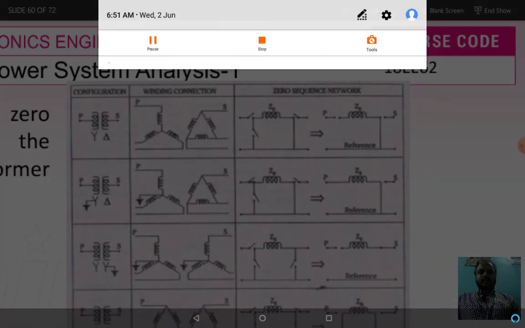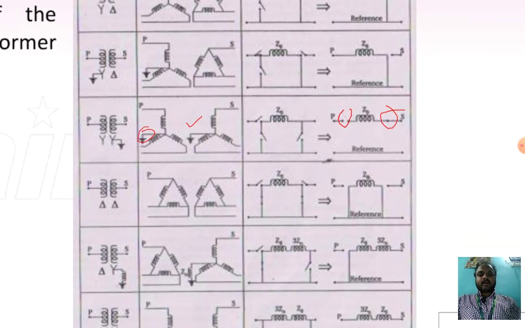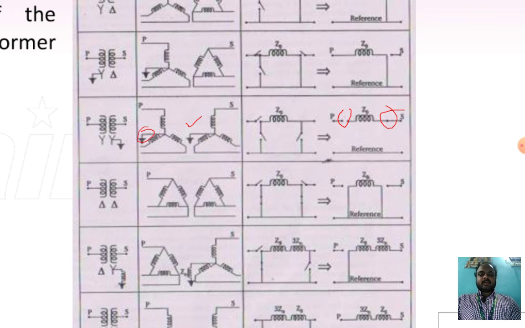Here neutral is not connected, and here neutral is connected. So here the series switch is open, and here the series switch is closed. Coming to the next one, delta. In a delta connection only the shunt switch should be closed.